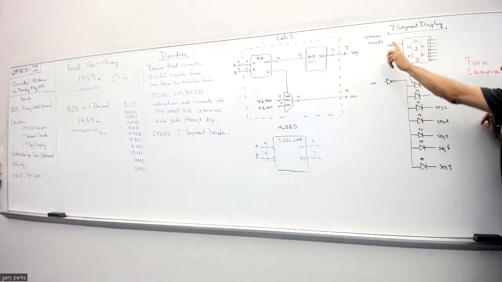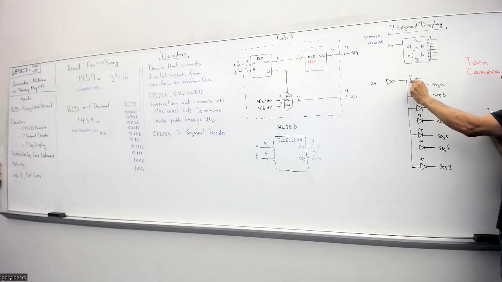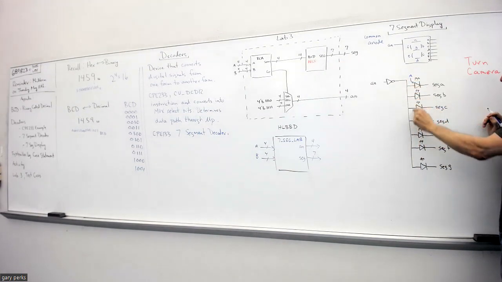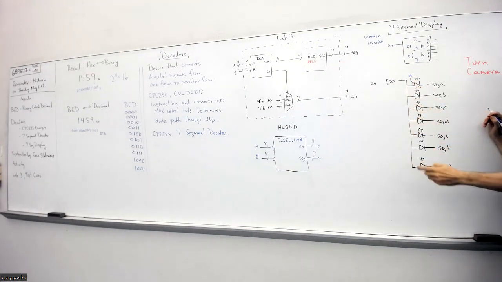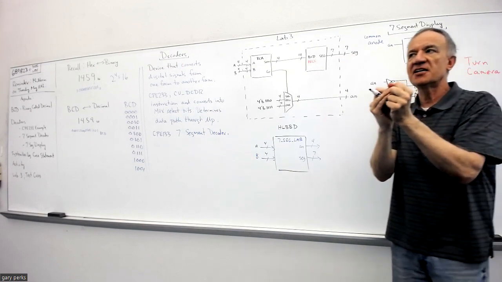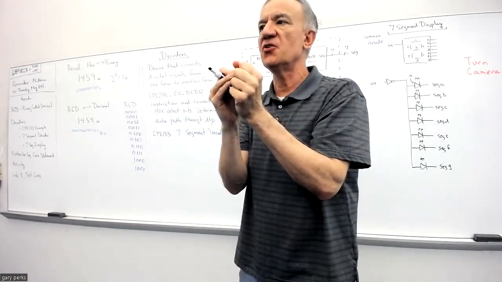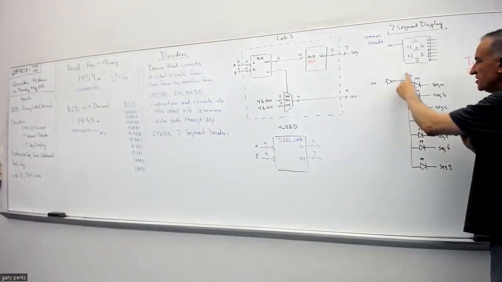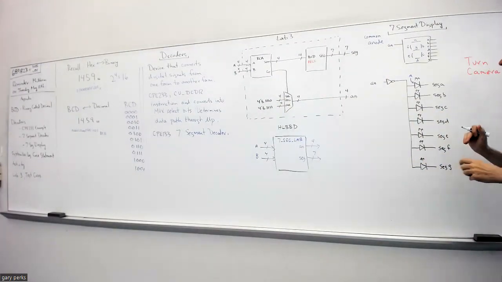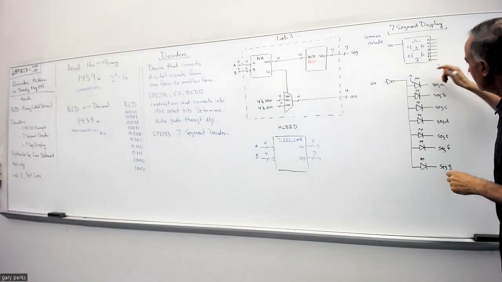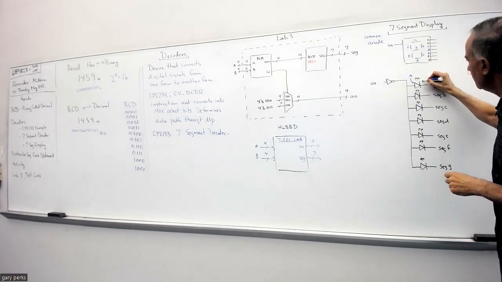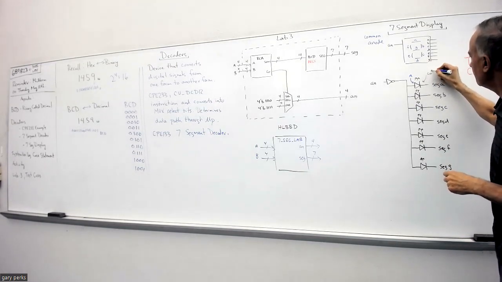Okay. And you see it's called common anode because all the anodes of all the LEDs are connected together. They're all connected to the same connection, and in circuits we call a connection a node. So this is all the same node. The other side of the diode, therefore the other side of the LED, is called the cathode.